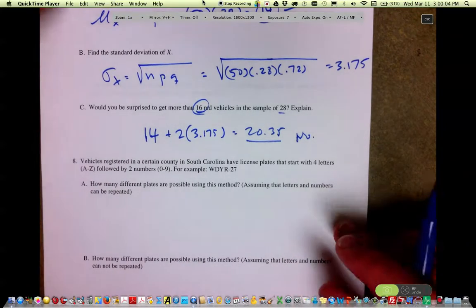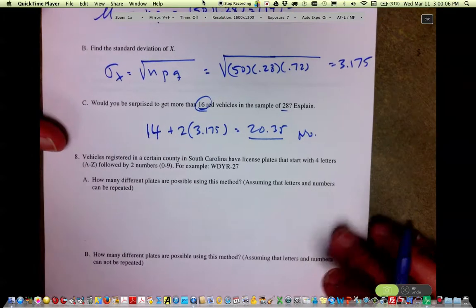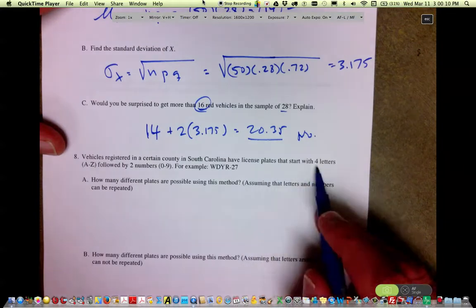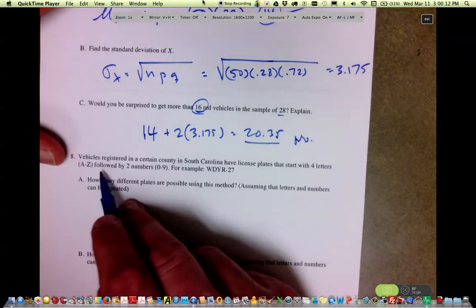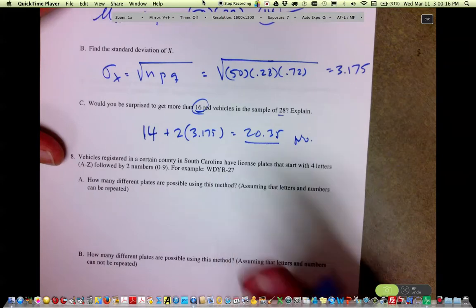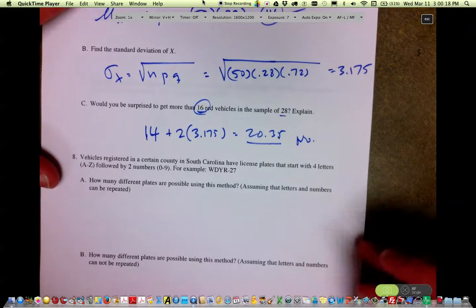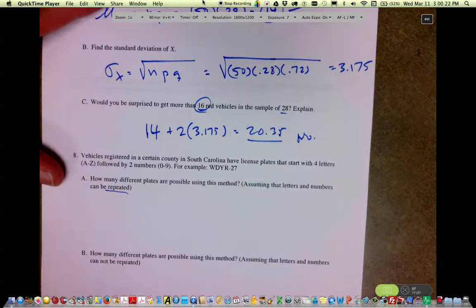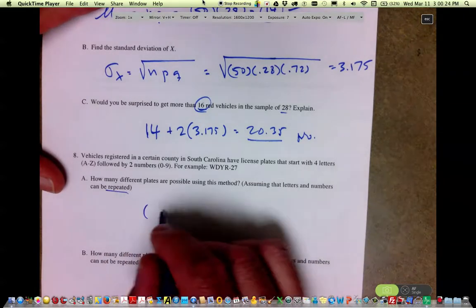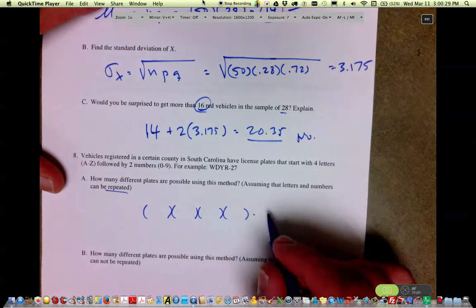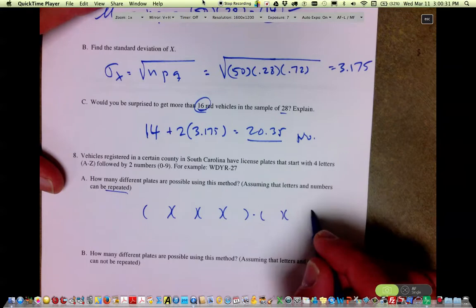Okay, number 8. Vehicles registered in a certain county of South Carolina have plates that begin with 4 letters followed by 2 numbers. How many different plates are possible, assuming that the letters can be repeated? All right, so I'm thinking something like this. We've got 4 letters, and then we've got 2 numbers.